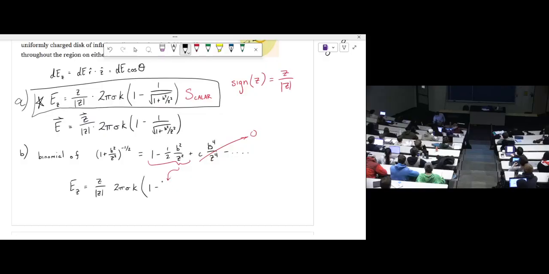So that's 1 minus 1/2 b squared over z squared, and I drop the higher order terms. 1 minus 1 is 0, so negative that. I get that this is z over z magnitude times 2 pi sigma k times 1/2 b squared over z squared.